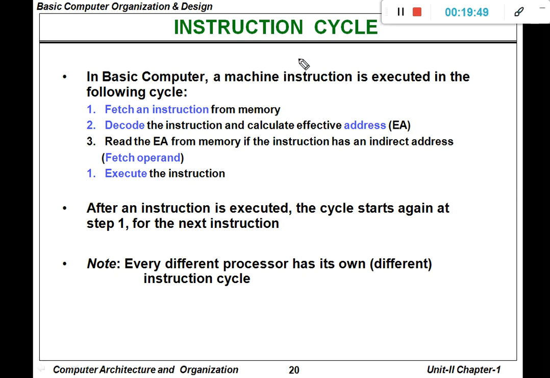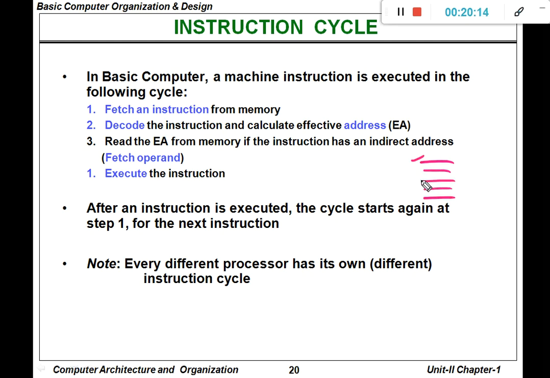So the next concept is instruction cycle. Instruction cycle means, generally, we have a set of instructions. A set of instructions is called a program. Okay. So if I write a C program, then it contains some lines of code, and these lines of code will be executed in a sequential fashion.